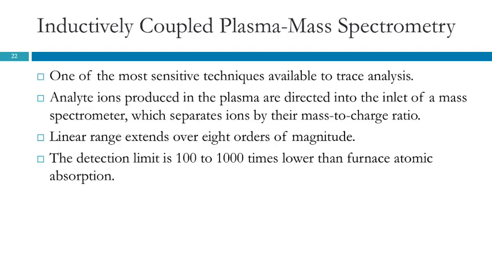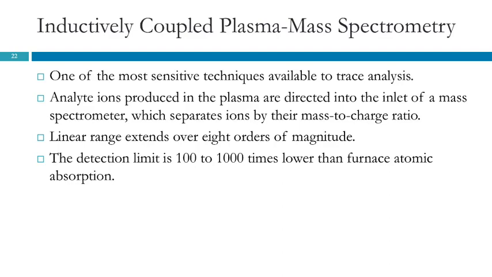There's also inductively coupled plasma mass spectrometry, which in a way, is this even atomic spectroscopy? It's like, well, I don't know, right? Maybe it's just mass spectrometry. But this is one of the most sensitive techniques. It's really great for trace analysis.